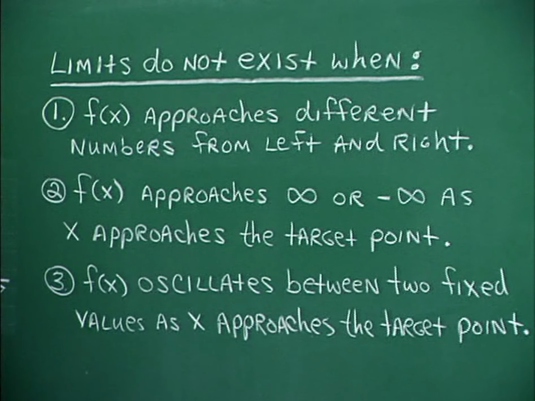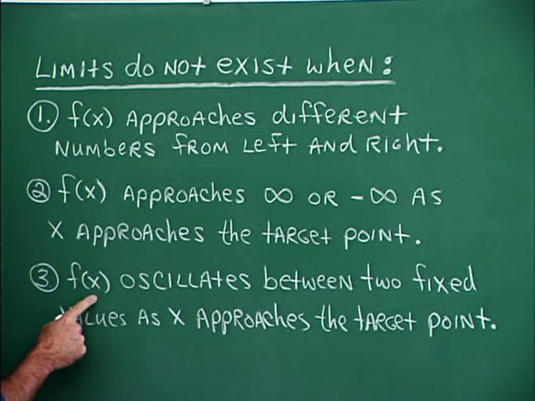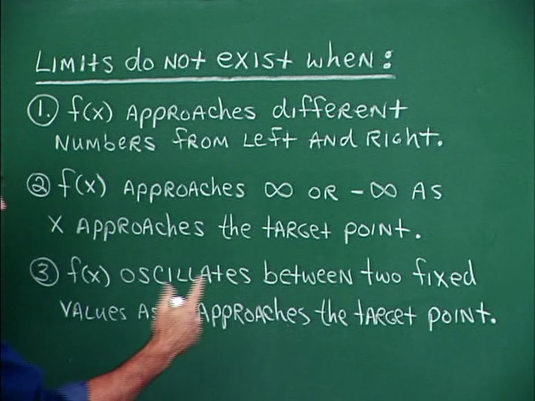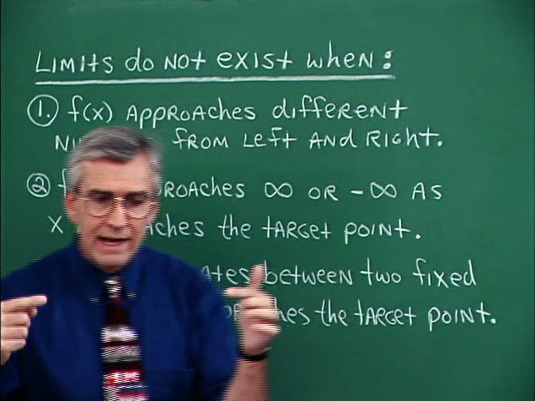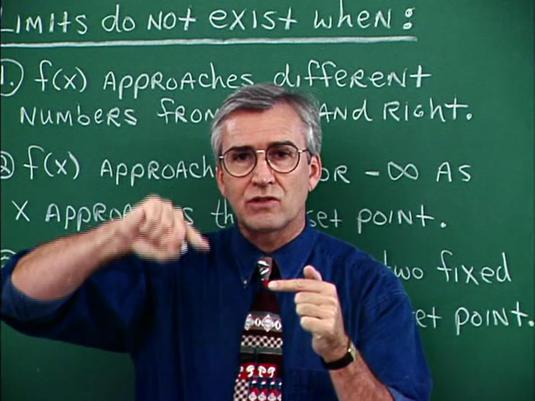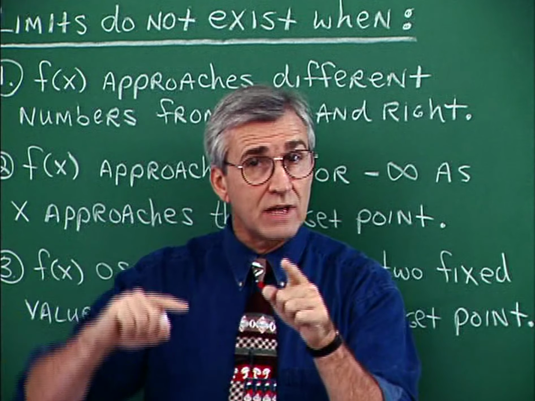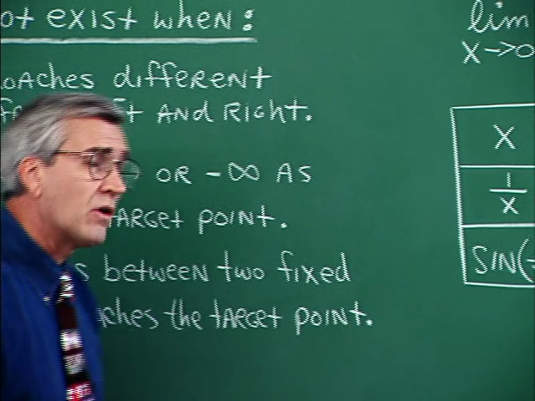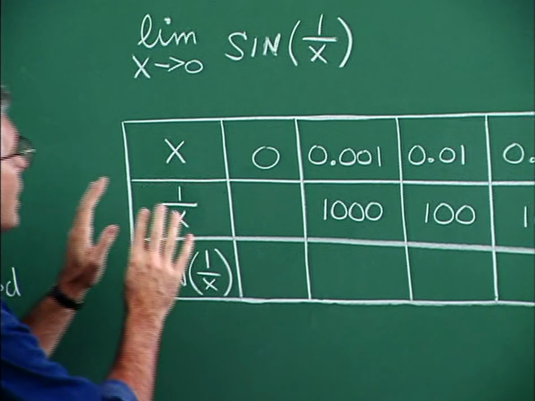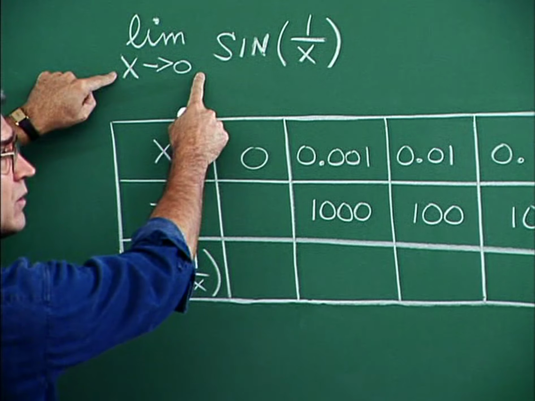So as x approaches the target point, f of x is approaching infinity or negative infinity. Limit does not exist. A third situation is that f of x oscillates between 2 fixed values as x approaches the target point. So as x is getting close to the target point, the function is actually oscillating, going like this. An example of it is here, the function sine of 1 over x, and we're thinking about the limit as x approaches 0.